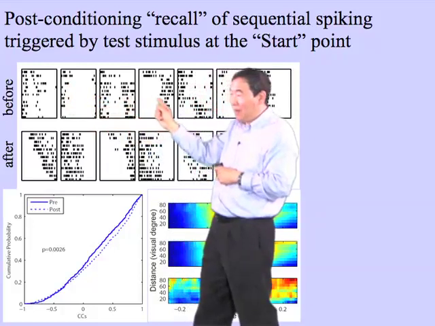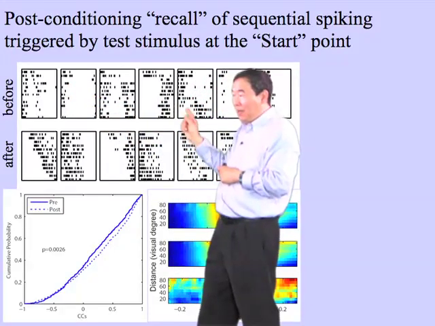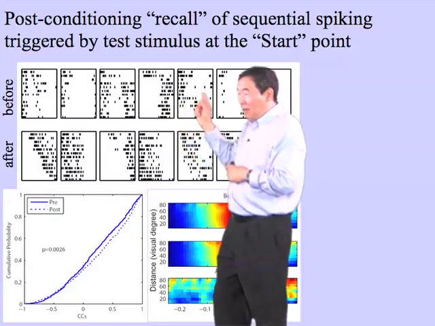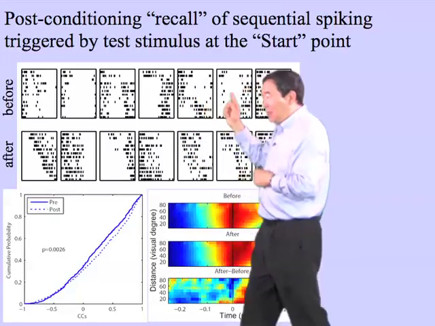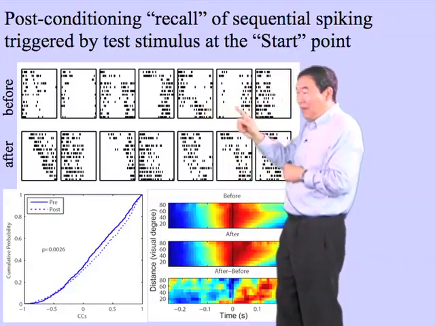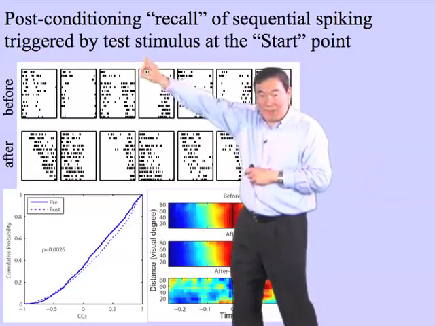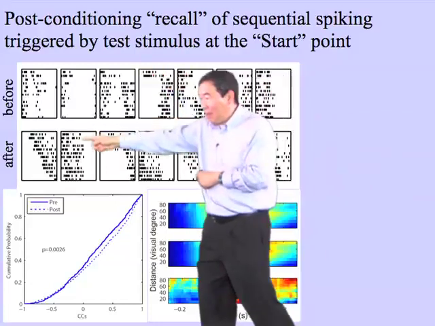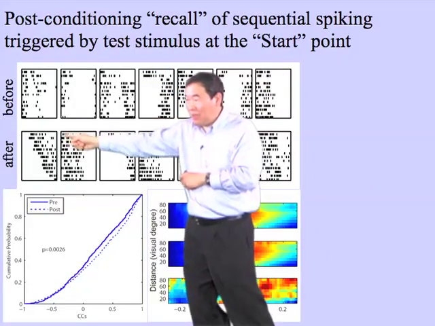It seems to be random before the conditioning. So the test spot did not trigger really a sequential firing of the cells. However, after conditioning with a moving spot, now you test with the test spot. You can see that when the test spot is applied, you see the sequential spiking.